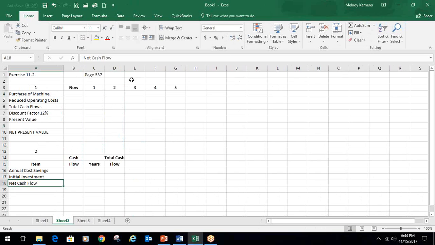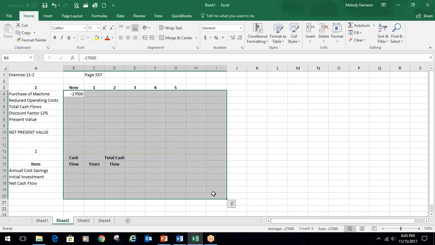So the first thing we want to look at is the purchase of the machine, which is $27,000. And let's get these all set.